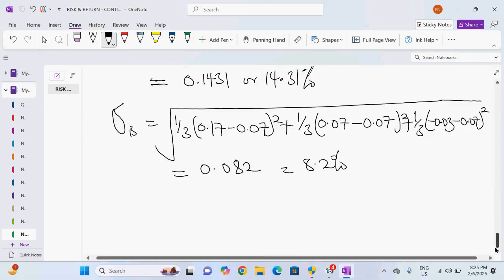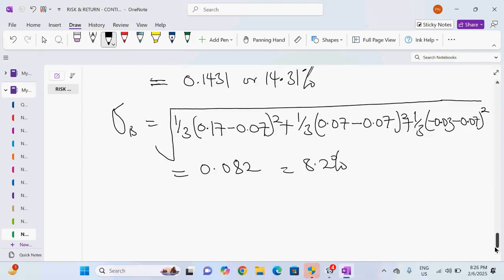And the next step is what? What's the next step?